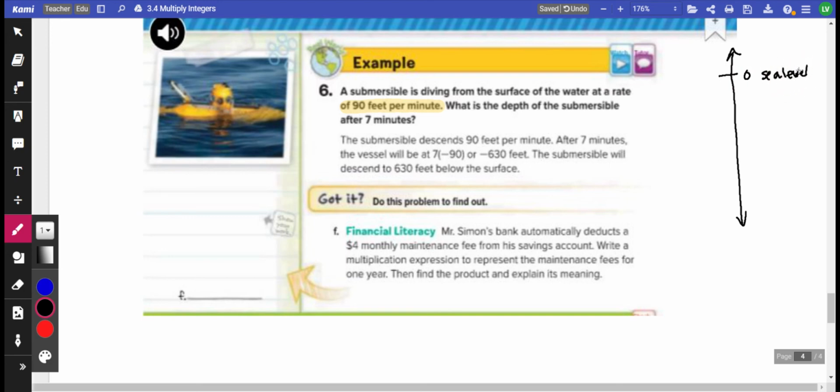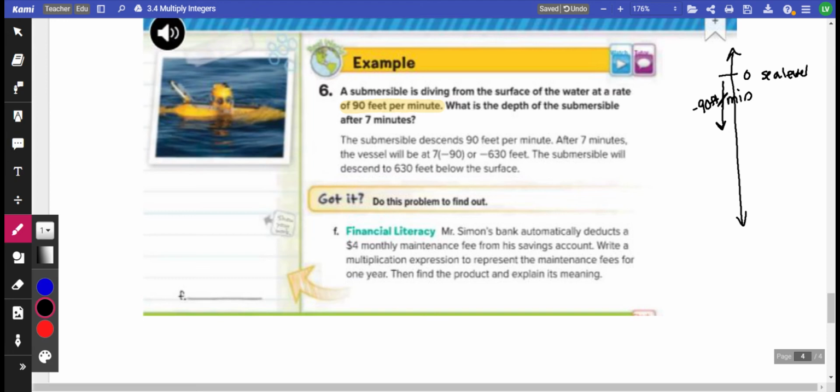That's where the water starts. Well, then the submersible, which is like a submarine, is going down 90 feet per minute. So negative 90 feet per minute. To show that it's going down, we put negative 90.